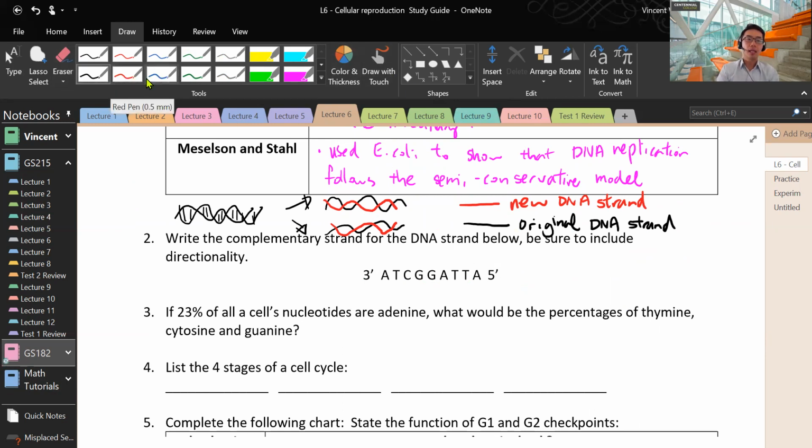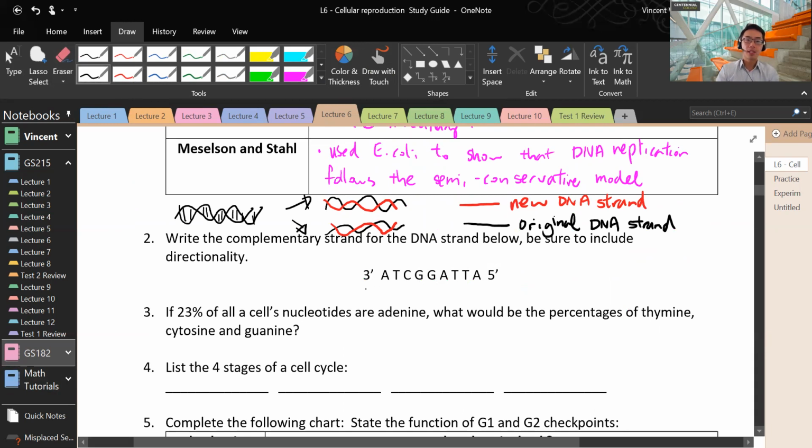On the other strand, we are going to start with 5', because DNA is anti-parallel. I'll explain what that means in a second if you're confused. Then we're going to use the base pairing rule: A pairs with T, T pairs with A, C pairs with G, and so on. And then we're going to end with 3'.